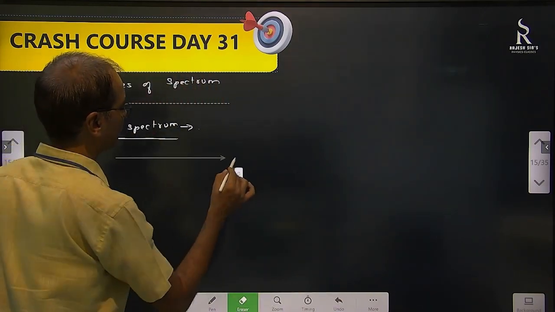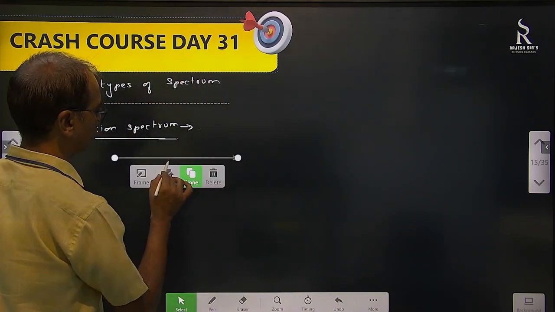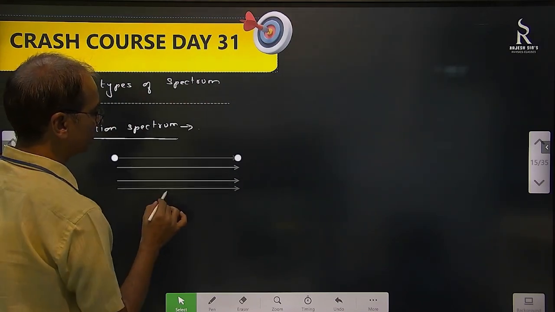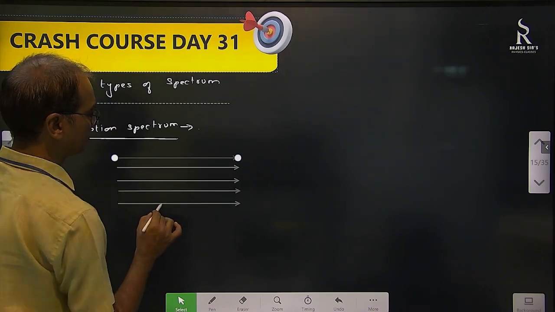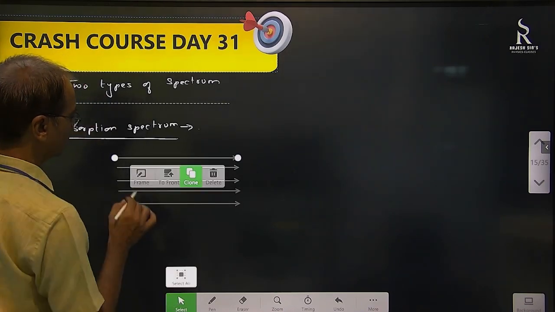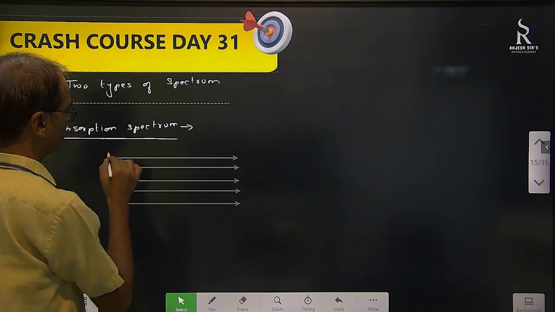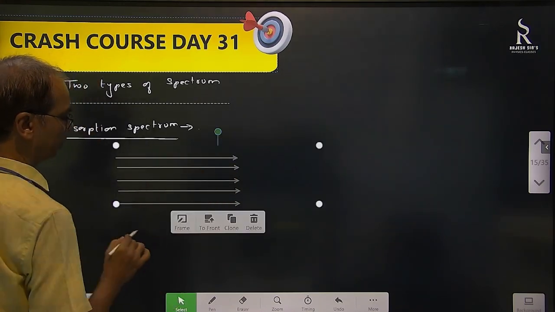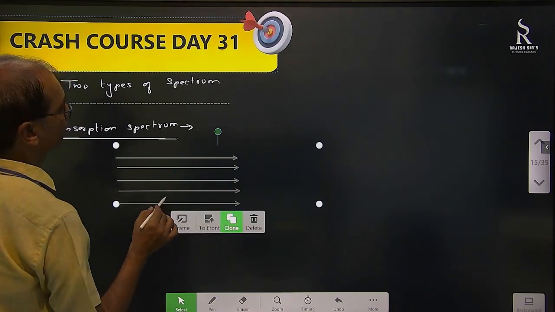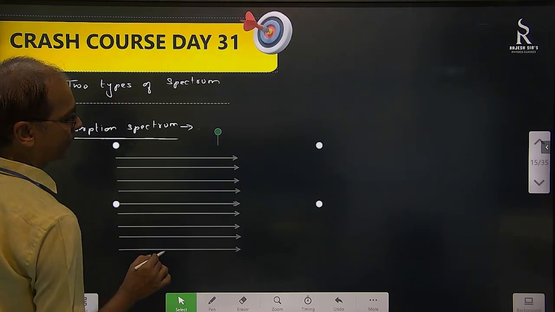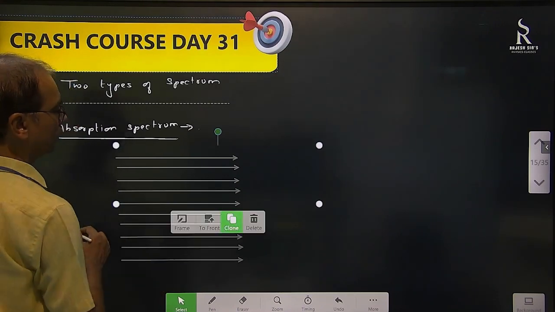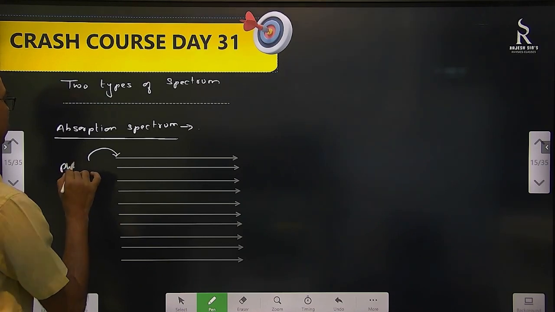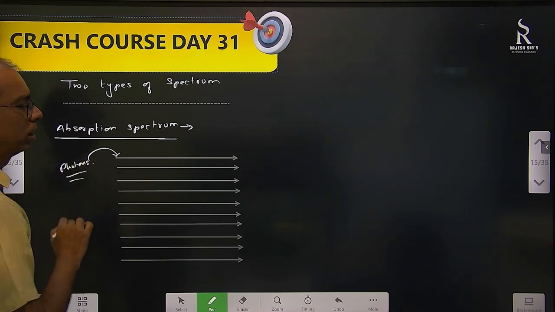So photons are coming in this way, a few more we'll make. So these are the photons coming of various energy, and we know all the energies.